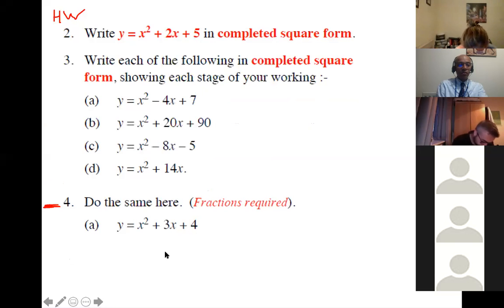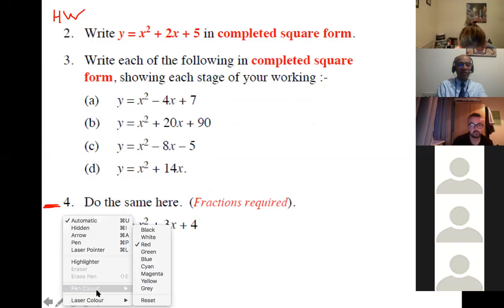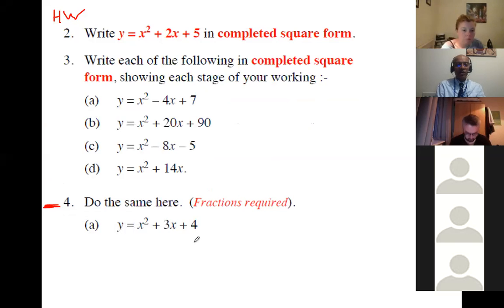And we'll do this one together because what I find most of the time is if you've never done one with fractions, some people might find it a bit too difficult. But let's work our way through it. The first thing we said we were going to do, we were going to put x squared plus 3x. I'm going to have to add a number and then compensate it.